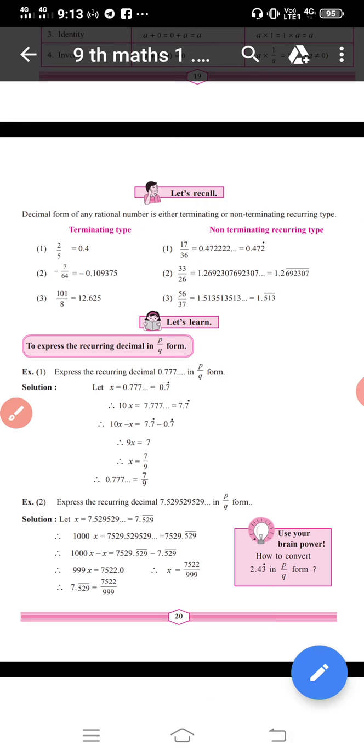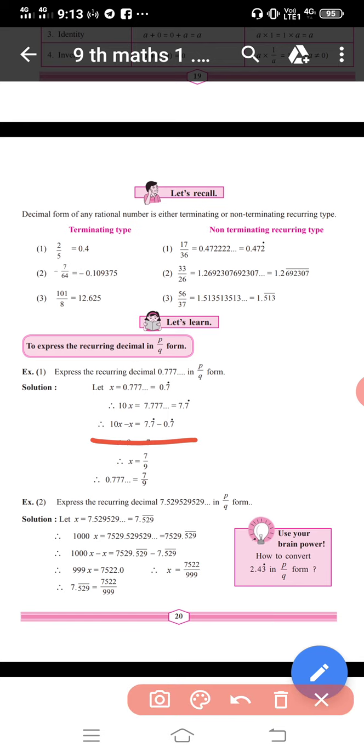Here 10x is equal to 7.777, that is 7.7 with a dot on it. Now next step: 10x minus x is equal to 7.7 minus 0.7. The x value is here and 10x is here; put these values in.